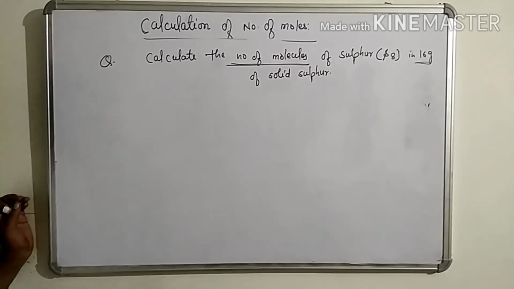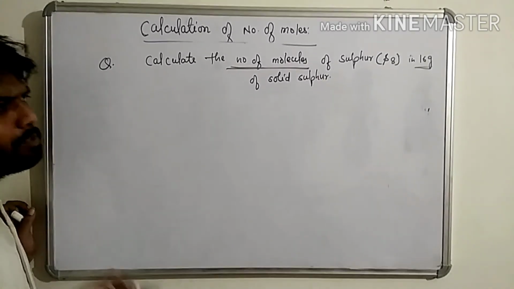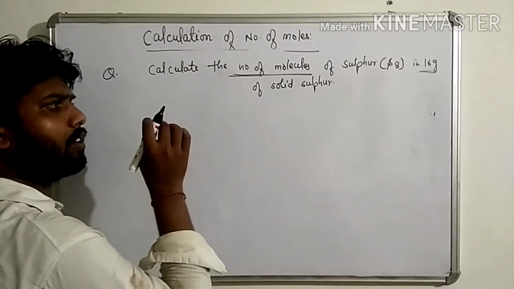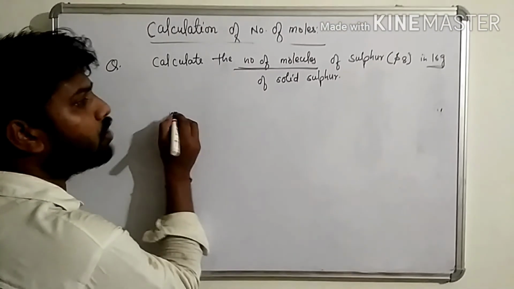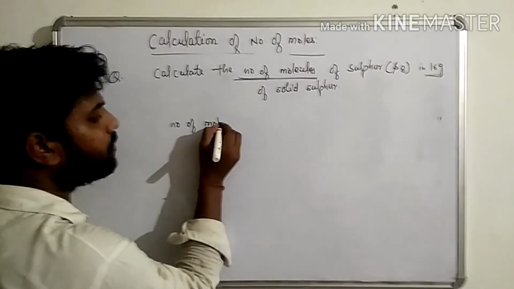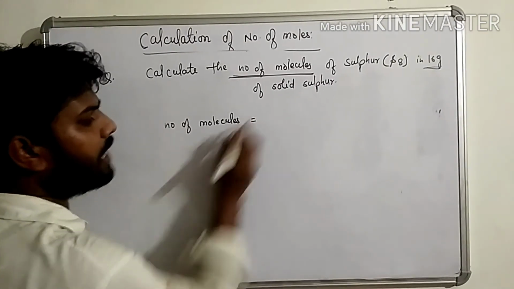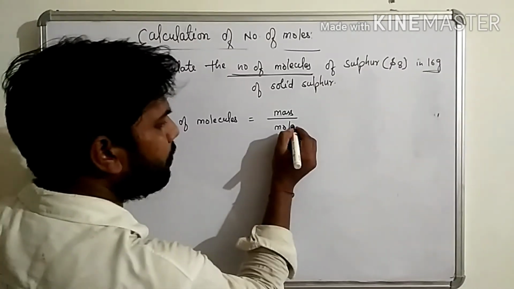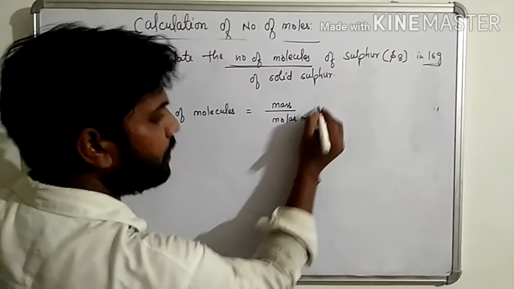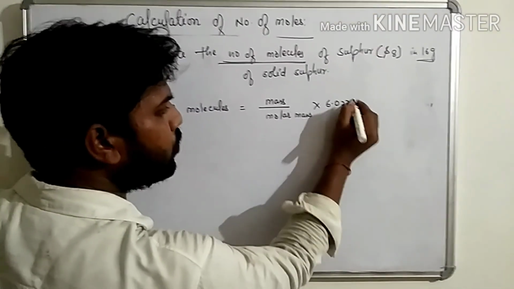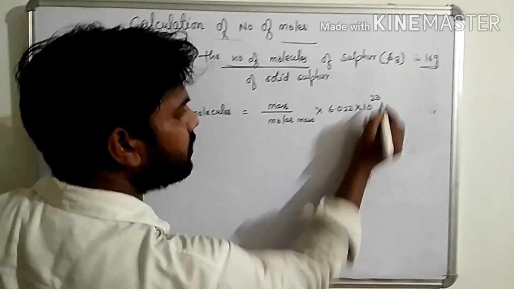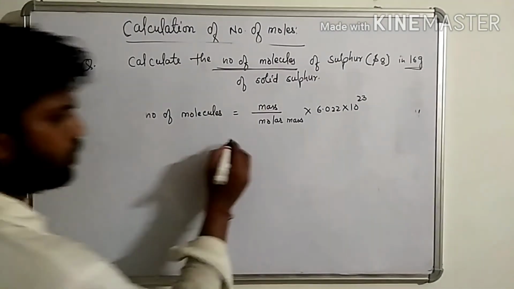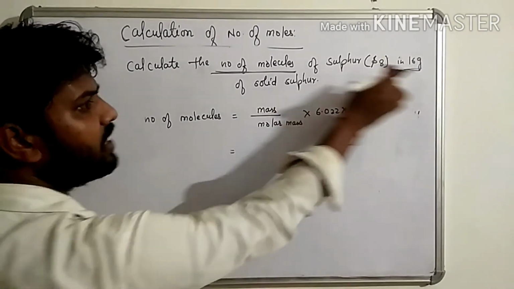Before some time I had explained that if mass is given there and we calculate the number of molecules, it can be calculated as mass upon molar mass into 6.022 10 to the power 23. Clear, children? So here mass is given there, children, 16 gram.